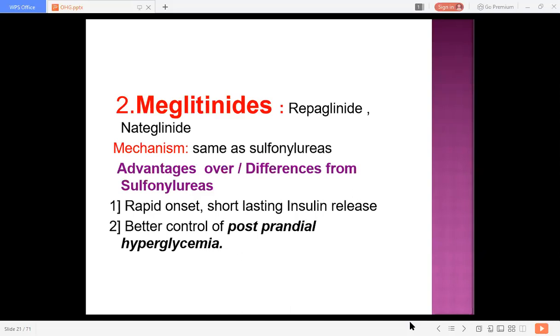Coming to the meglitinides, also called non-sulfonylureas. In this we have repaglinide and nateglinide. Mechanism of action is the same as sulfonylureas. Some advantages or differences from the sulfonylureas: these meglitinides are rapid in onset, with short-lasting insulin release. They better control postprandial hyperglycemia.